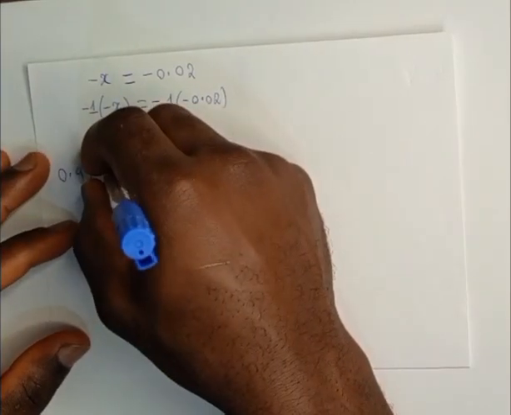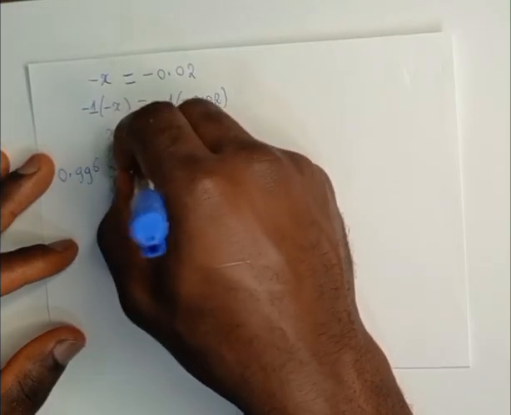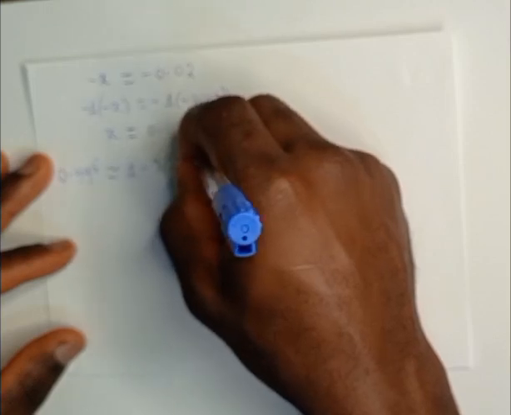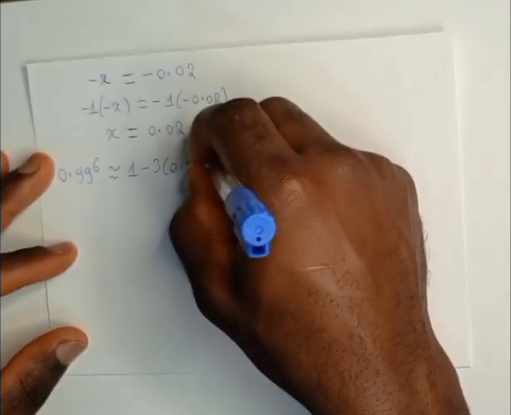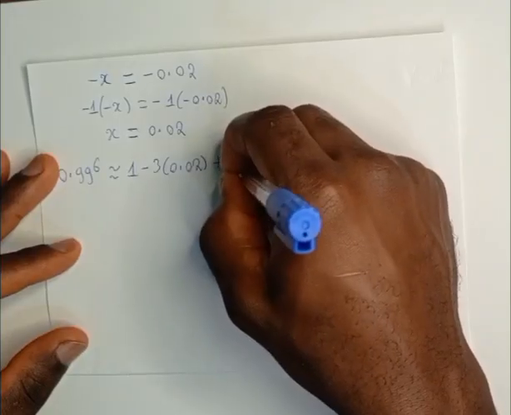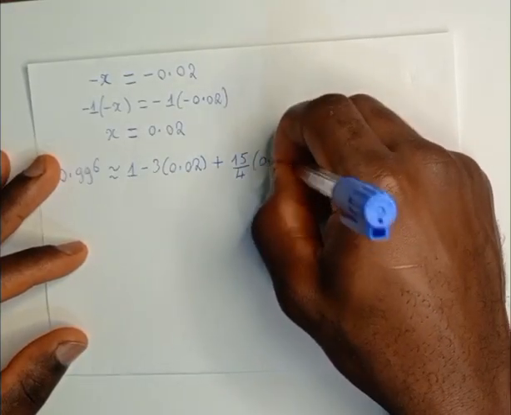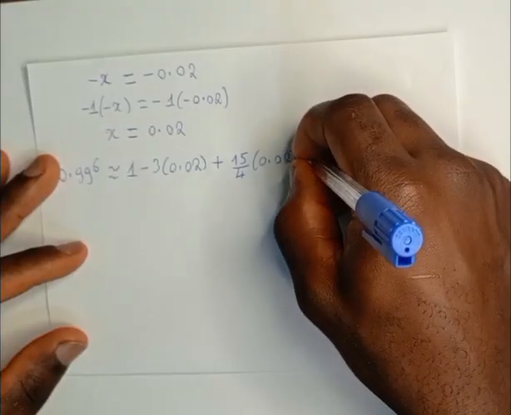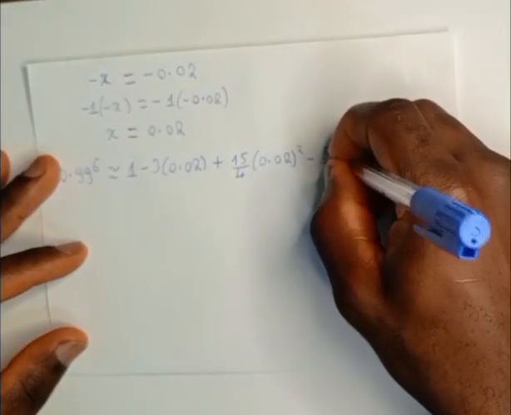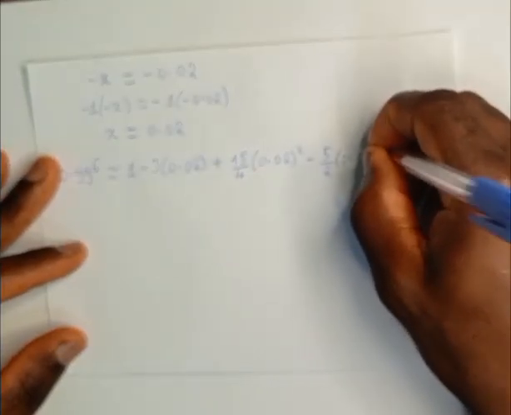So this will simply be approximately 1 minus 3 times 0.02 plus 15 over 4 times 0.02 squared minus 5 on 2 times 0.02 all this cubed.